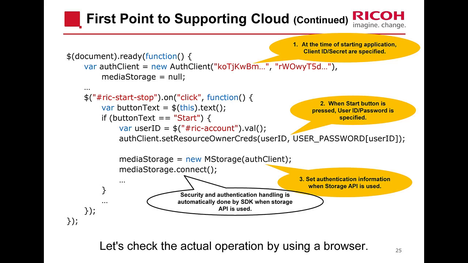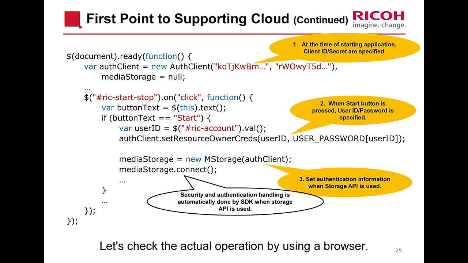Then, let's think about what happens when the Start button is clicked. When the Start button is clicked, the images for a particular user account are displayed as a slideshow. That is, the images to be displayed must be changed for each user. So, to the authClient object created before, we need to set the information about which user account should be accessed when the Start button is clicked.